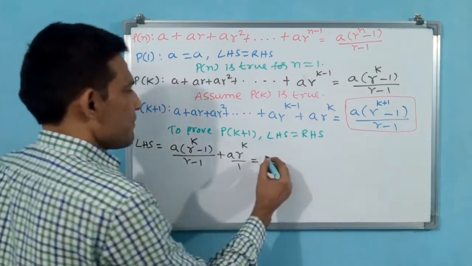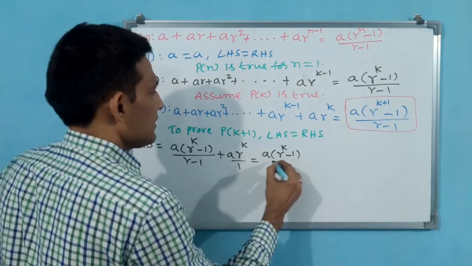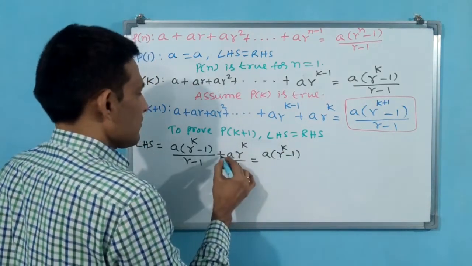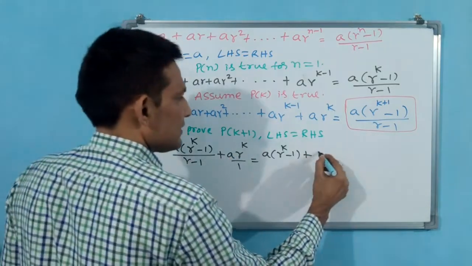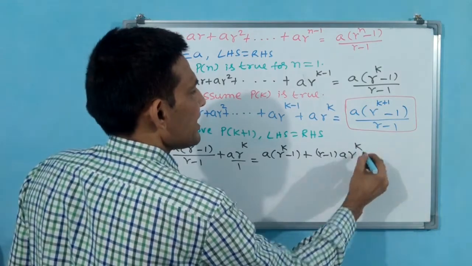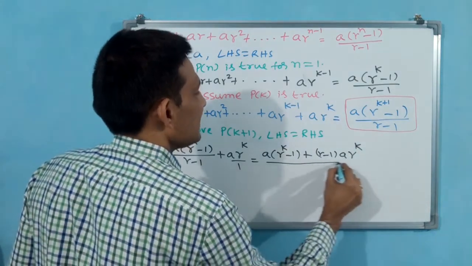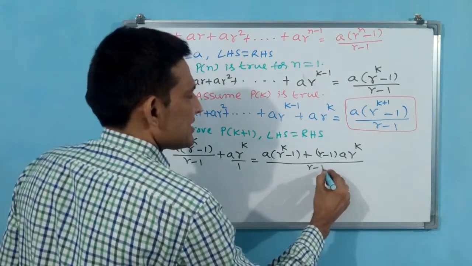1 into A, that means A into R power k minus 1, over plus R minus 1 into A into R power k divided by R minus 1 into 1, which means R minus 1.